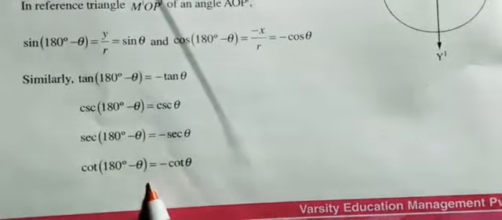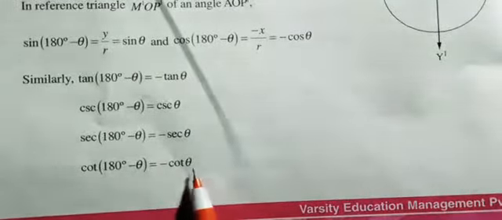Similarly, tan 180 minus theta is equal to minus tan theta, and cosec 180 minus theta is equal to cosec theta. Sec 180 minus theta is equal to minus sec theta, and cot 180 minus theta is equal to minus cot theta.